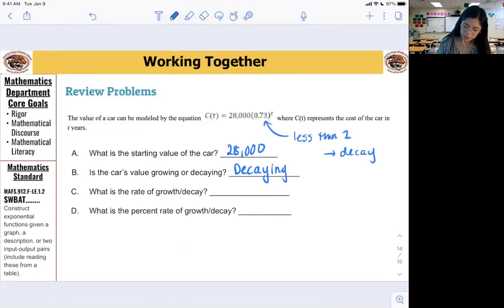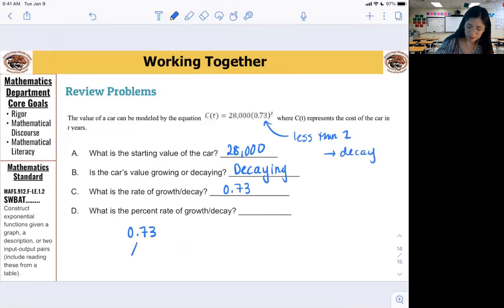What is the rate of decay? 0.73. And what is the percent rate of decay? 27%. Good. How did you get that? You had to subtract.